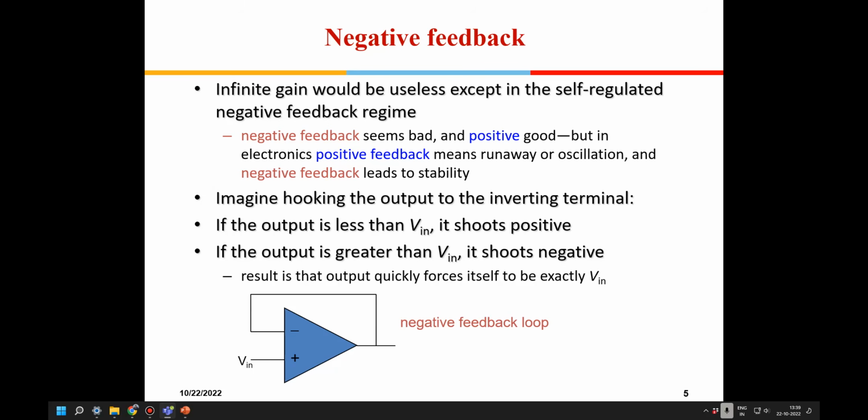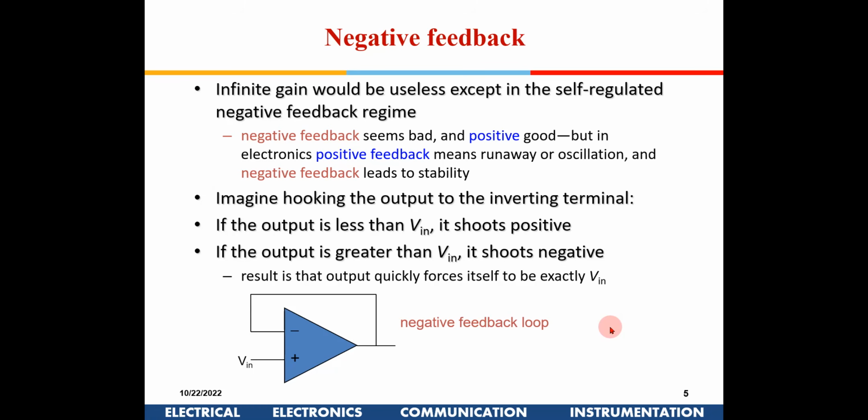Yes, with regards to feedback, it is A beta. So in that case, if it is unity gain, you mean to say the A beta will be 0? No, A beta will not be 0. If it is unity gain, beta is 1, A is high.